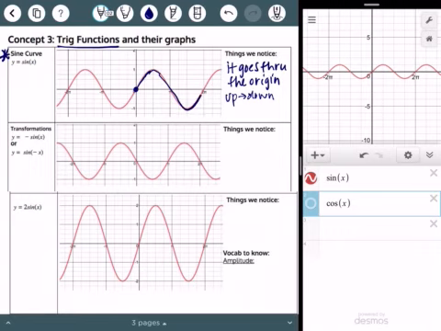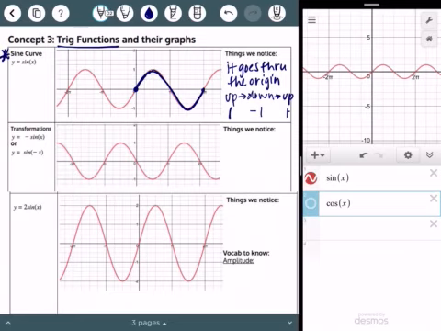And then it goes back up, and I would say that that is one cycle, right? So it goes up to 1, and then down to -1, and then back up to 1, and then down to -1. And we see that this cycle repeats over and over and over again.